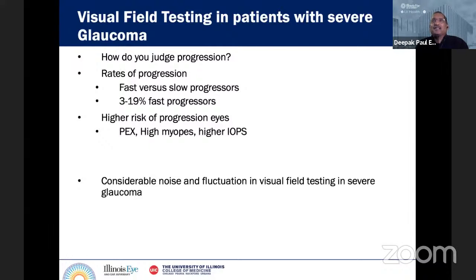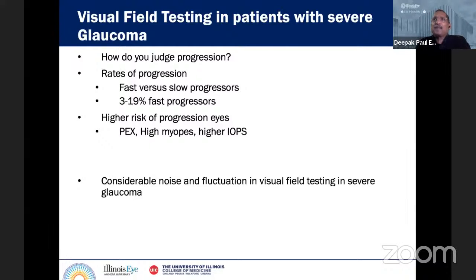But the question is, even before you reach that stage, how can you understand which are the eyes of patients who are at a greater risk of high progression? Certain categories of patients, for example, patients with pseudoexfoliation, are at a higher risk of faster progression. Patients who are high myopes are at a higher risk of faster progression.